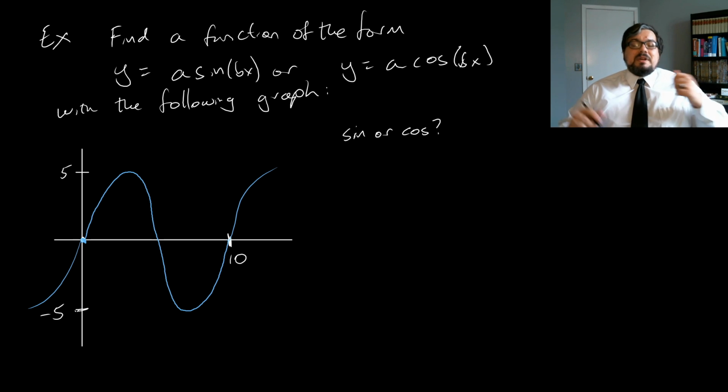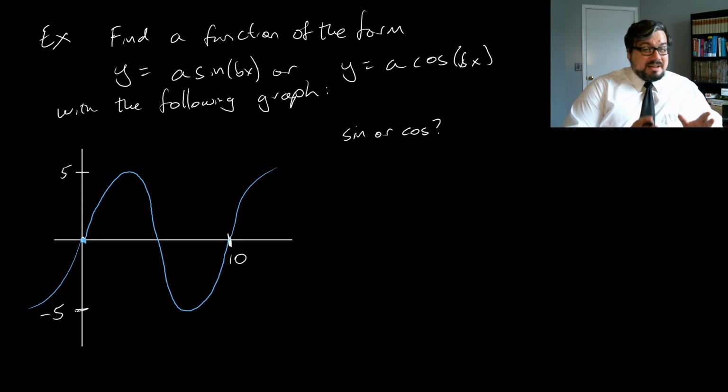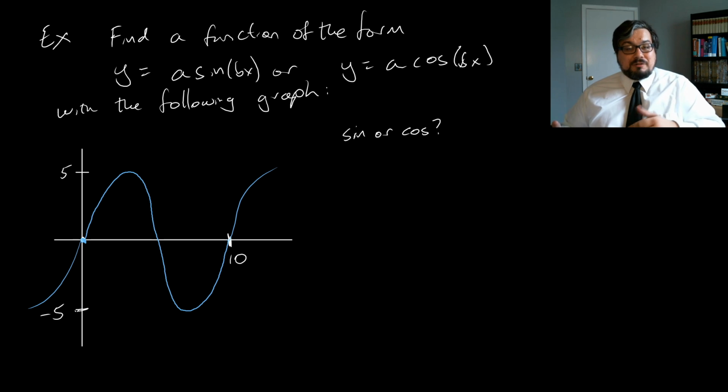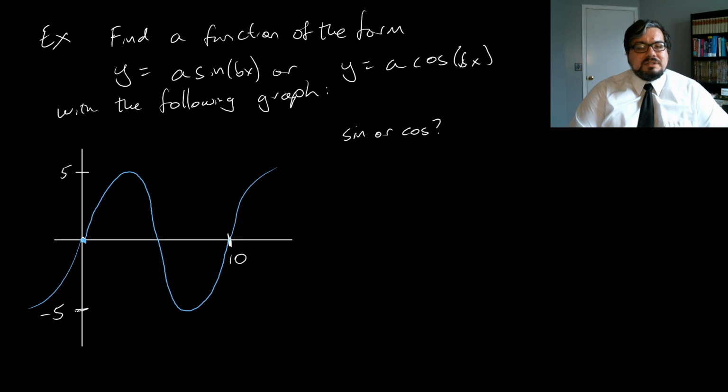And when we get to the full complexity of how these problems work, it's going to turn out that any sine graph is also a cosine graph with slightly different numbers. But in this case, we're only looking at functions of the form a sine bx or a cosine bx.